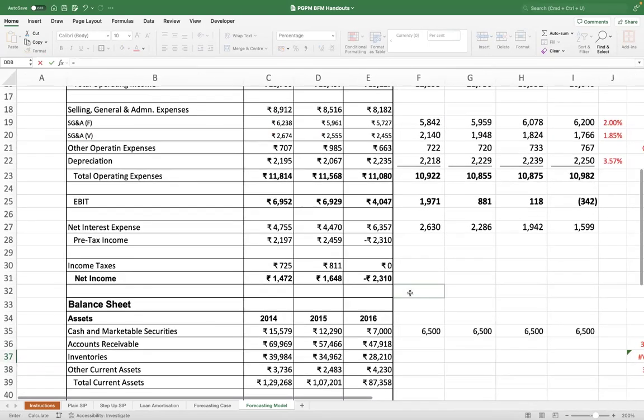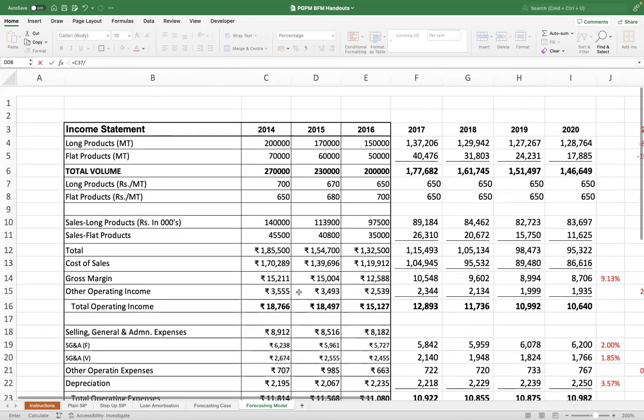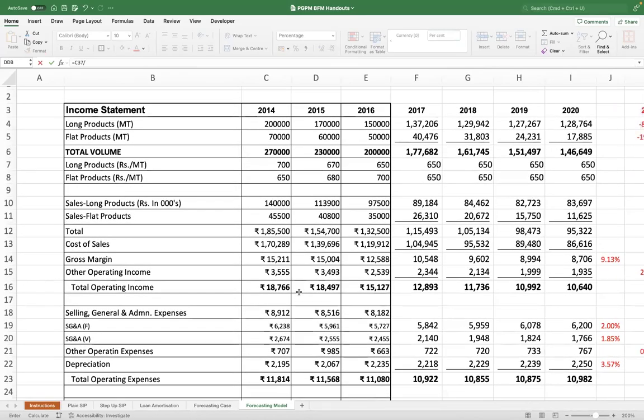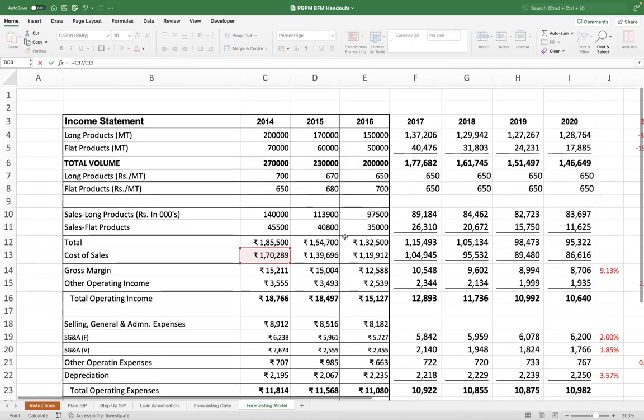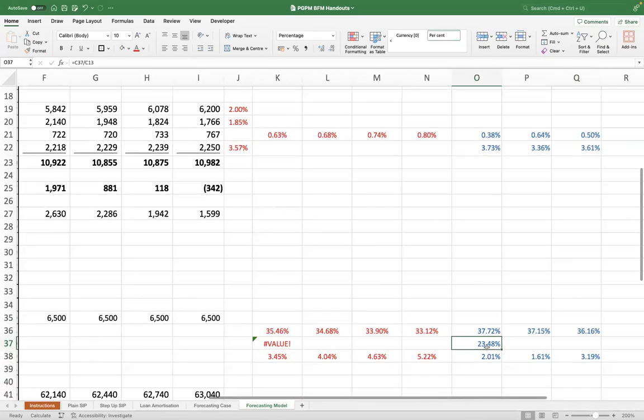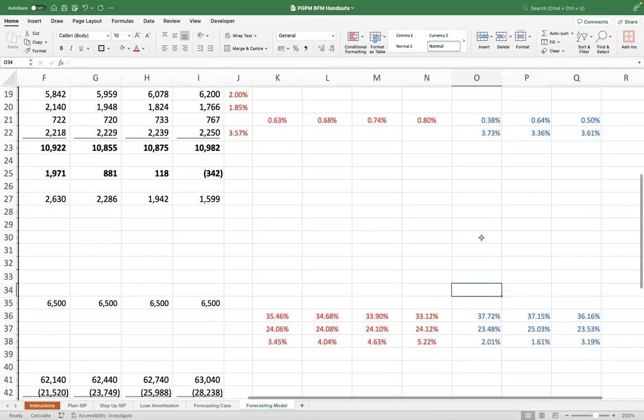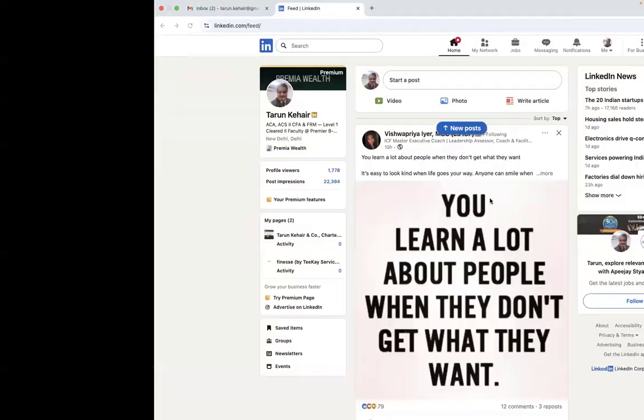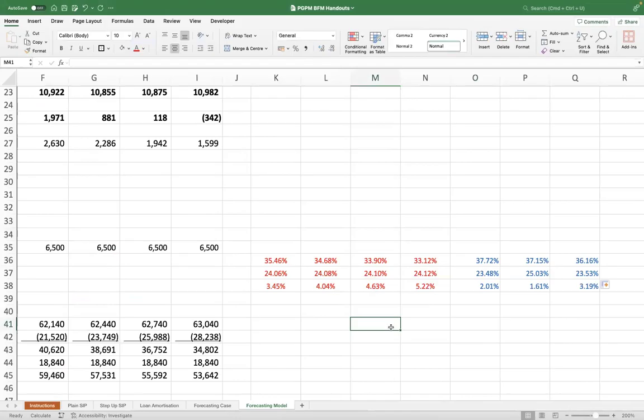Is equal to inventory value divided by cost of sales. यही है ना cost of sales. What did I do? Is it these numbers? हाँ. 24.06, 24.08, 24.1, and 24.12. बस एक बार ये आ गया, you don't need to do much. What will you do?